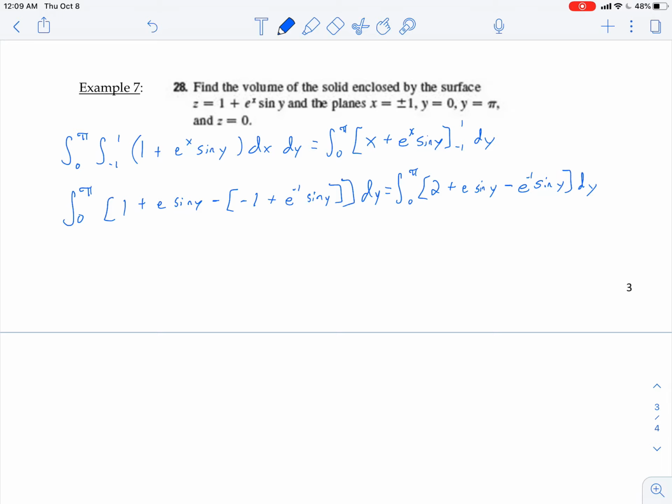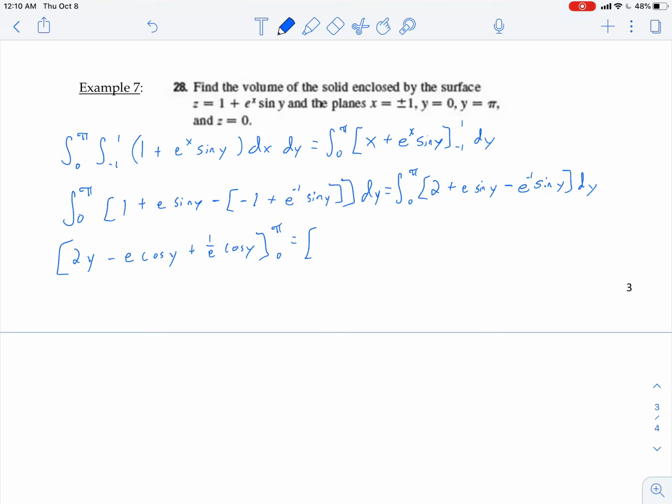Nice, so let's go ahead and integrate. When I integrate 2, it's going to be 2y. Integrate e to the sine y, it's going to be negative e cosine y. When I integrate negative e to the -1 sine y, it's going to be positive, so plus 1 over e cosine y, from 0 to pi.